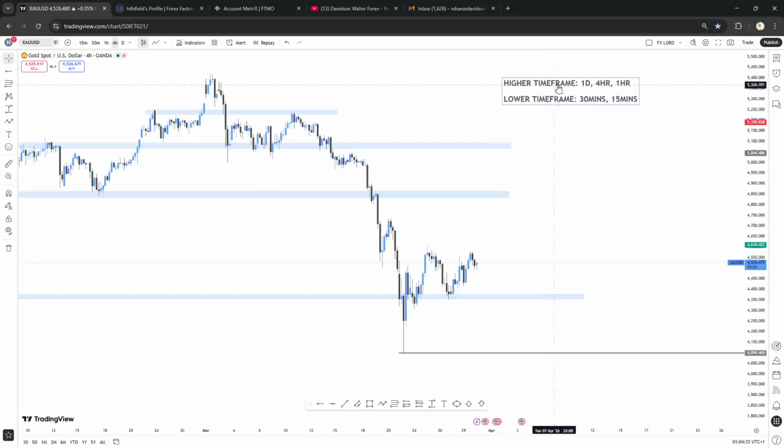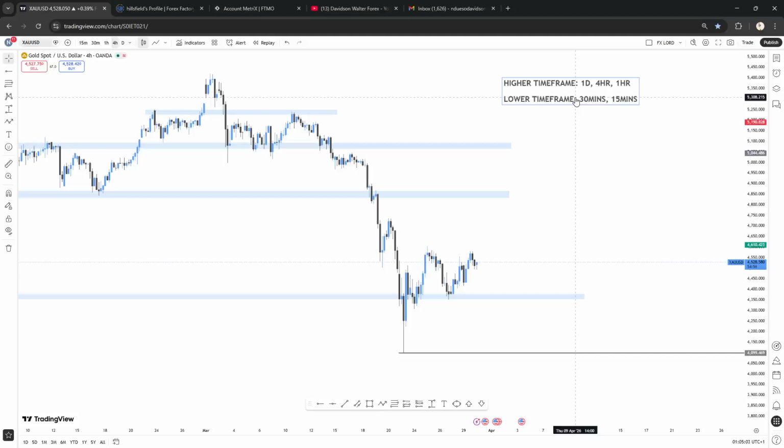My higher time frame is basically the 1 day, the 4 hour, and the 1 hour. When it comes to the lower time frame, I only make use of the 30 minutes. I don't go below 30 minutes. Sometimes you're looking for something and you want to scale down to 15 minutes, and that is cool, but I don't really use the 15 minutes. All I use is the 30 minutes, which is the lower time frame.